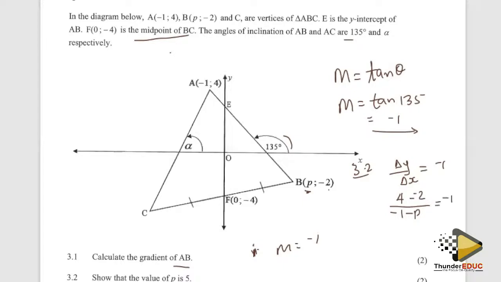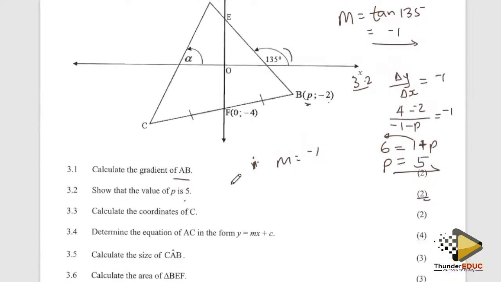So that's going to be a 6. If I cross multiply, 6 is equal to 1 plus P. And then I move the 1 to that side, which means P is 5. So from the gradient formula, we can get that.